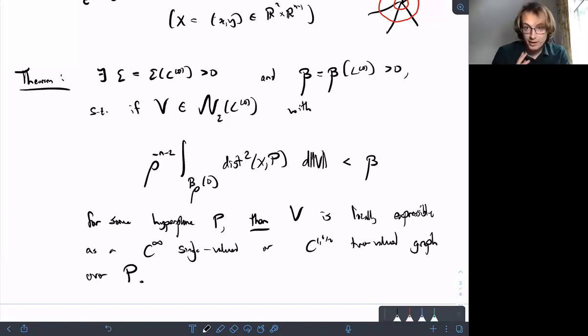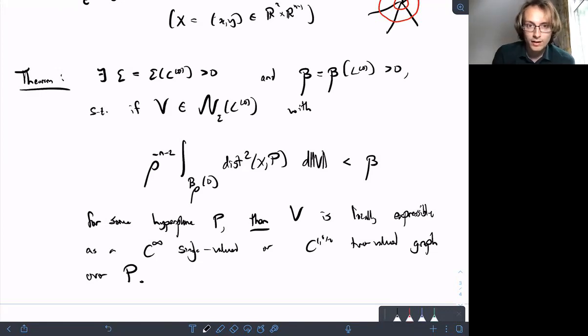Now the crucial point here is that beta is completely independent of V, and P is independent of everything, and this enables us to prove certain estimates in a much simpler fashion than is seen in Nishan's stability paper. And this result is a very simple consequence of the definition of multiplicity two classes.